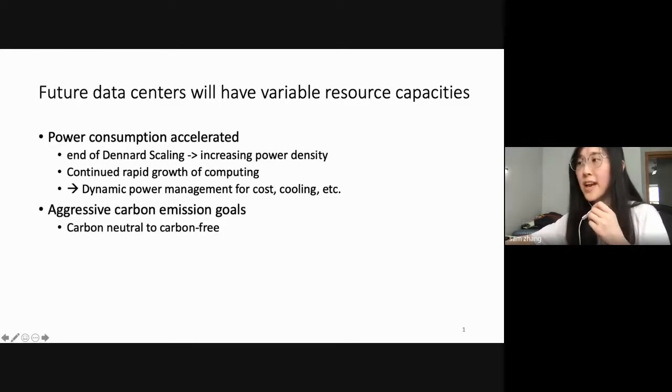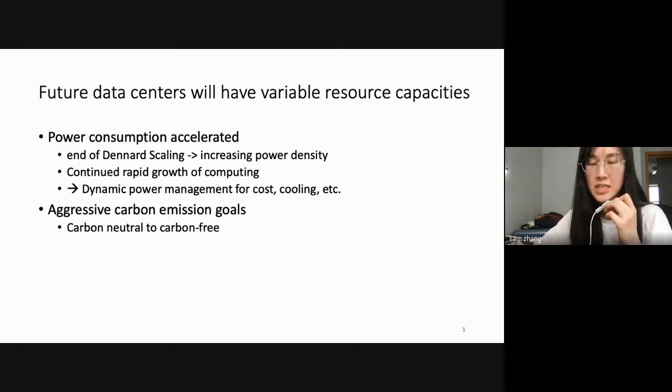On the other hand, a lot of governments, for example here in the States, have been putting a lot of pressure on reducing carbon emission in data centers. A lot of large IT companies have made aggressive carbon emission goals.